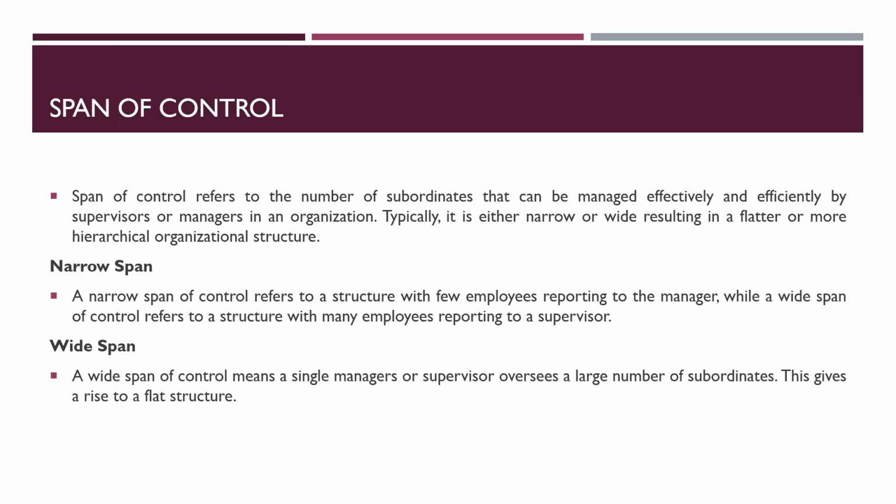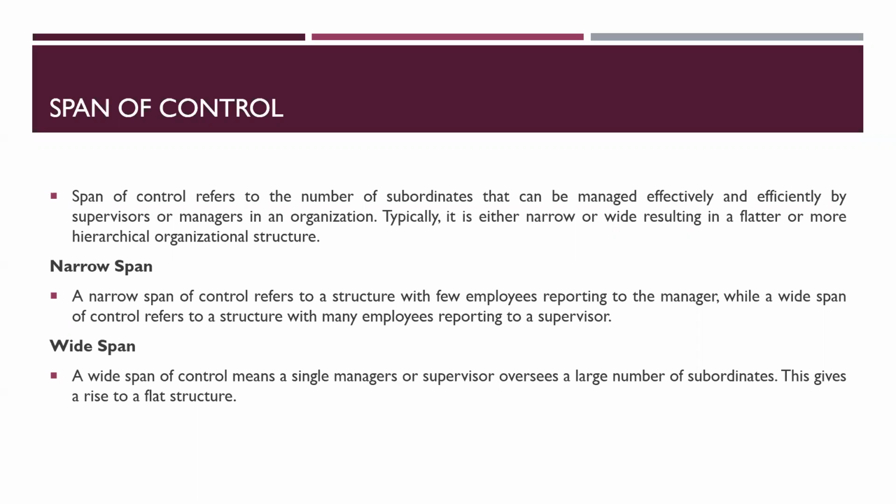Next is the wider span of control. In a wider span of control, a single manager oversees a large number of subordinates. That means a wider span of control always gives rise to a flat structure, and a flat structure means it is very wide. For example, there is a CEO, then a manager, and under the manager all the subordinates are working, with one person looking after all of them.